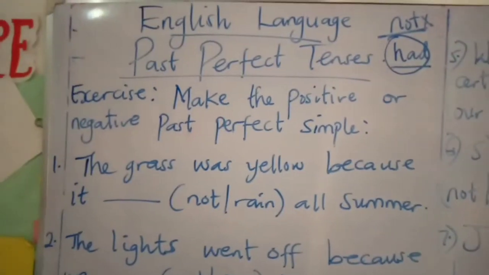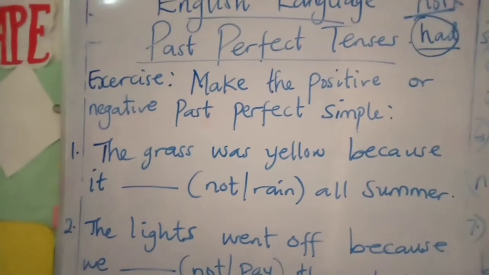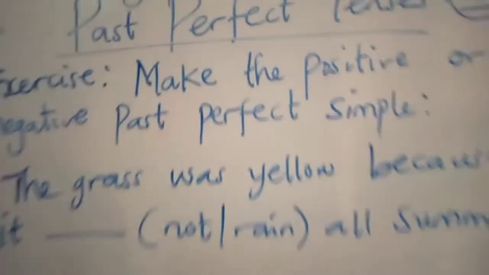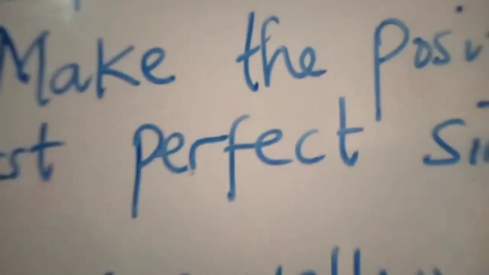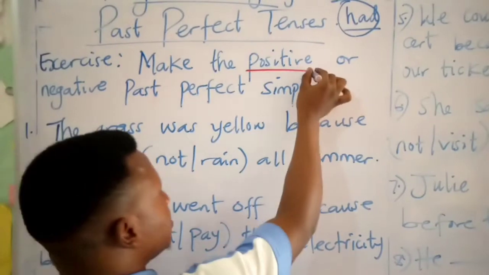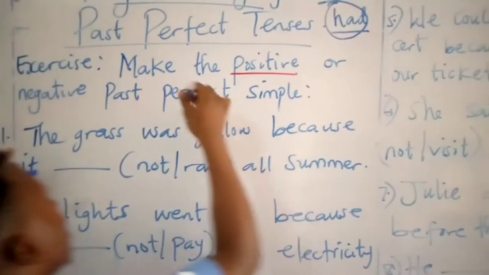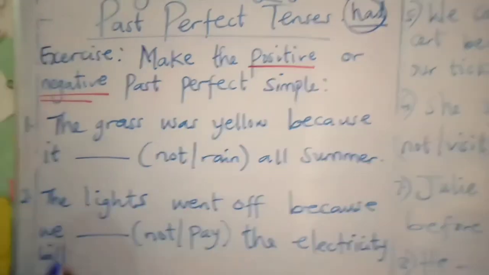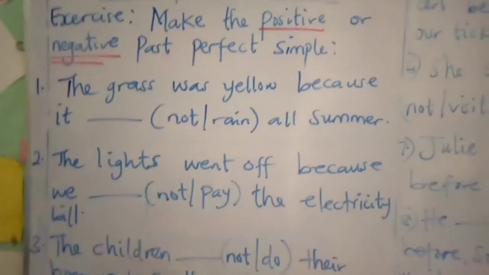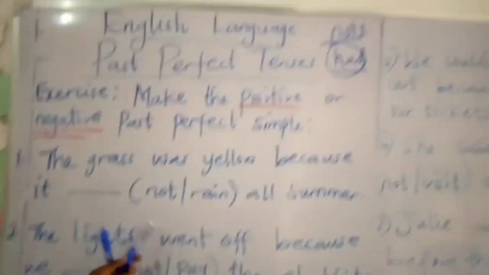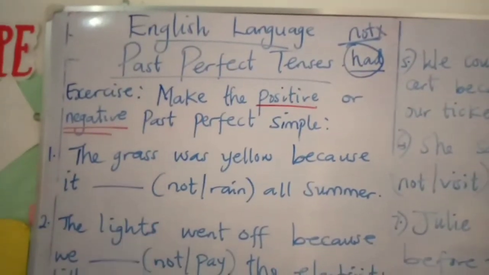Written on the board now, we're going to be looking at the negative past perfect. The first one we did was positive, right? But now we are dealing with the negative past perfect. While we talk about the negative, we have to introduce the word not.